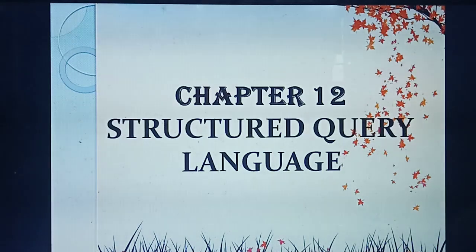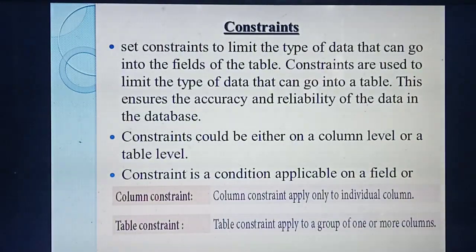Today we are going to study about constraints. What do you mean by constraint and what's the purpose of constraint? Already we have studied creation of table. What's the syntax for creation of table? Create table, table name, then column name, data type and size.